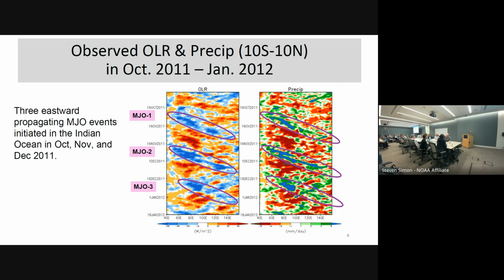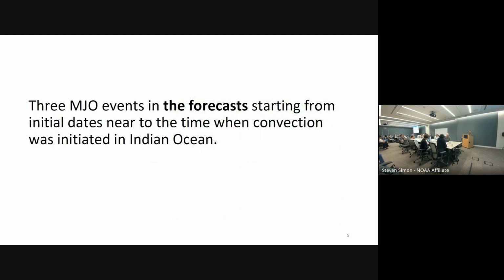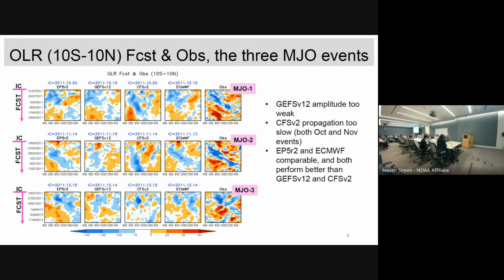Next, we are going to check how these three events are predicted in the forecasts starting from initial days near the time when convection was initiated in the Indian Ocean. Here are the forecast equatorial OLR and observation for these three MJO events.